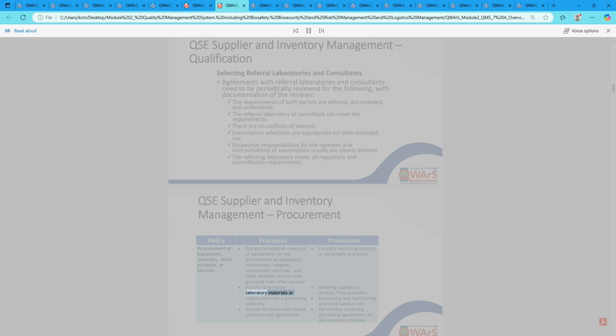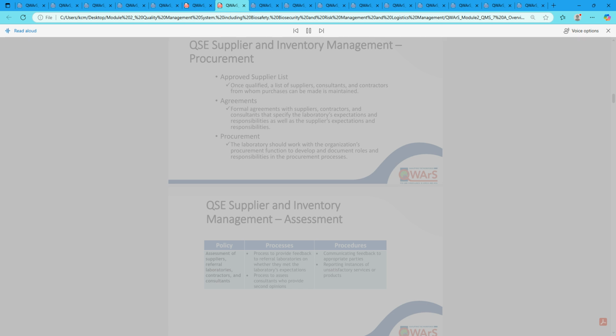Process to purchase laboratory materials or collaborate with a purchasing authority, ordering supplies or services from providers, generating and maintaining an approved supplier list. Process to review and amend contracts and agreements, periodically reviewing purchasing agreements for any necessary revisions.